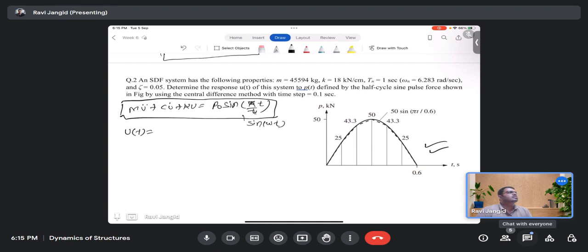For the full cycle, that was something like p naught sine omega t. What was the solution? Anyone remember? For the sine pulse, what was the solution?